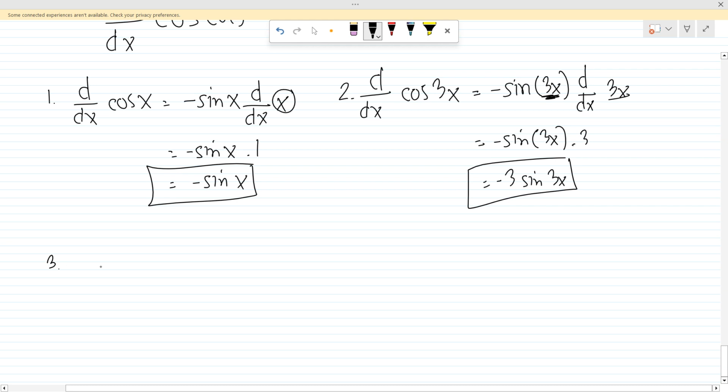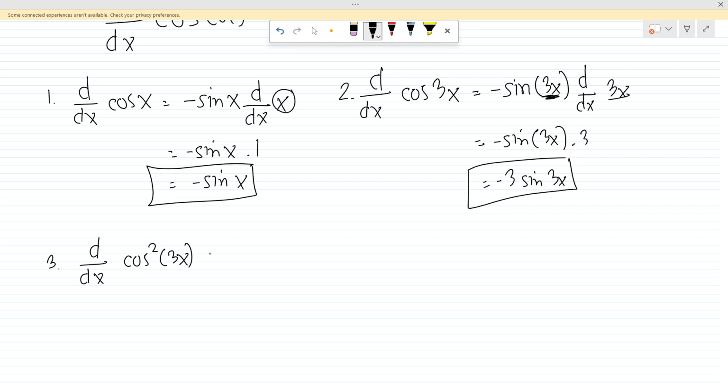Okay, problem number 3. We have d over dx of cosine squared of 3x. What are we going to do if we have an exponent? Again, you are going to apply the power rule. Just multiply this with the coefficient. So you have 2 cosine of 3x. Then d over dx of the cosine of 3x.